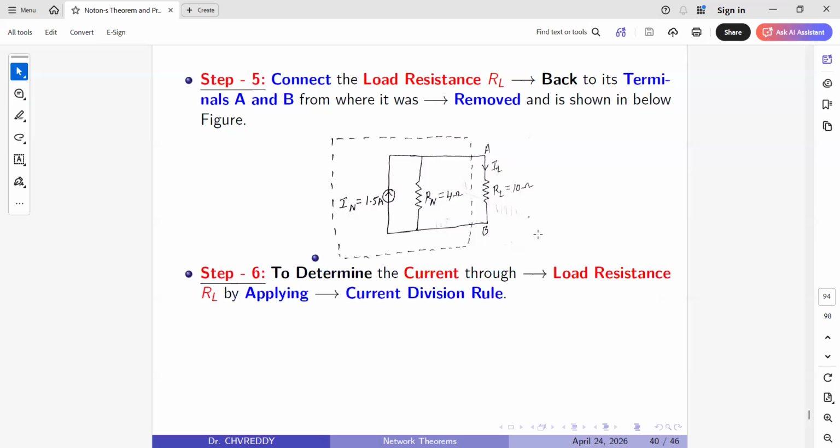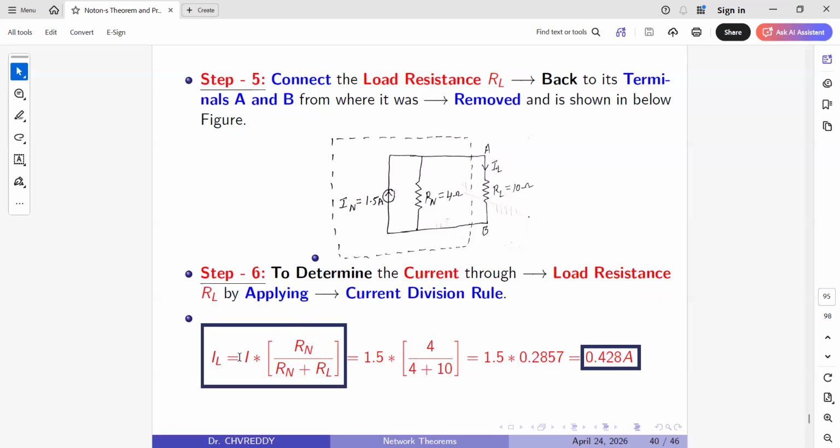So in step 6, to determine the current through the load resistance, I need to calculate how much current is passing through the load resistance. By applying the current division rule, the load current IL is equal to the total current, that is Norton's current, into the opposite resistance, Norton's resistance, divided by Norton's resistance plus load resistance.